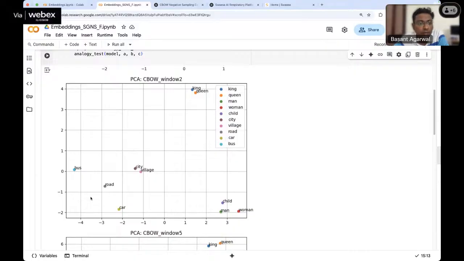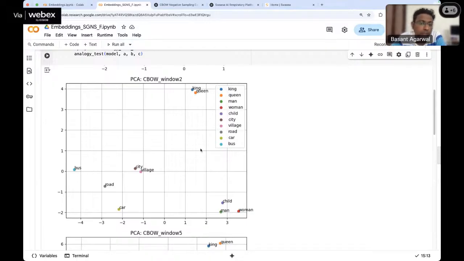Now again here, king and queen, men and women. This is not that good, because the relation between king and queen is slightly different. If you draw a vector from man to woman and from king to queen, it is not that parallel or similar.